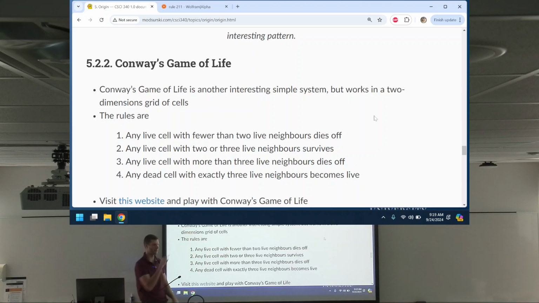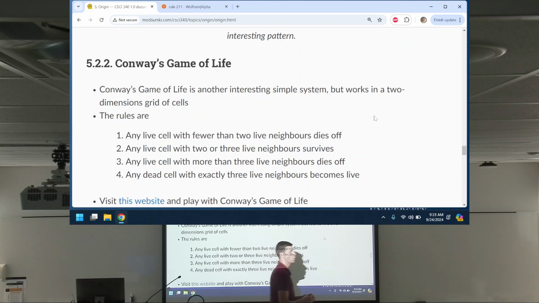Conway's Game of Life is the same idea, but in 2 dimensions. Instead of comparing a single cell and its neighbors, well, you compare a single cell and its neighbors, but now there's more neighbors because there's up and down and left and right. Okay? That's Conway's Game of Life. The specific rules in his formulation are: any cell with fewer than 2 live neighbors dies off.